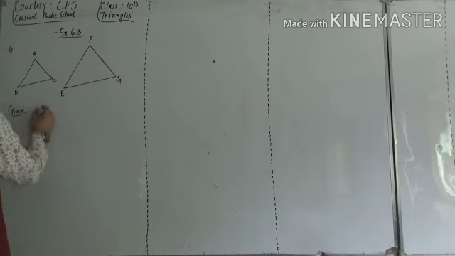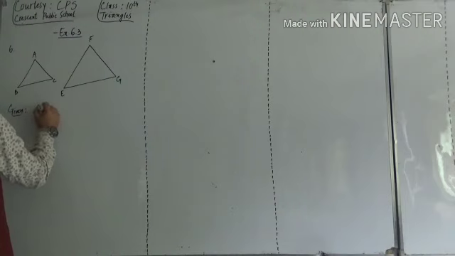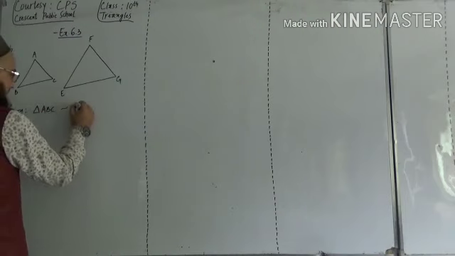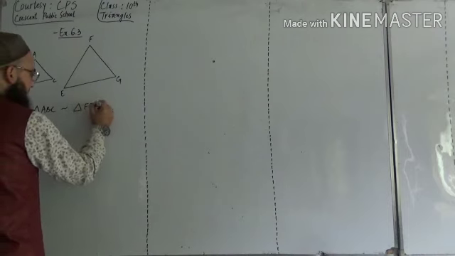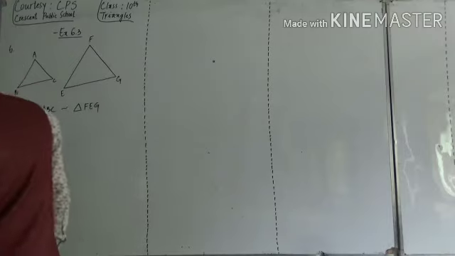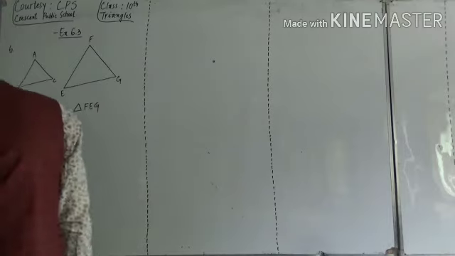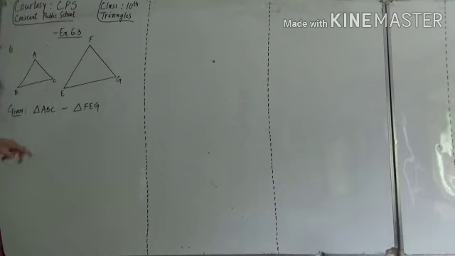So what is given? Triangle ABC is similar to triangle FEG. CD is the bisector of ACB. So it's like this. So this is D. CD is the bisector of ACB. Bisector means this angle is equal to this angle. You got it?